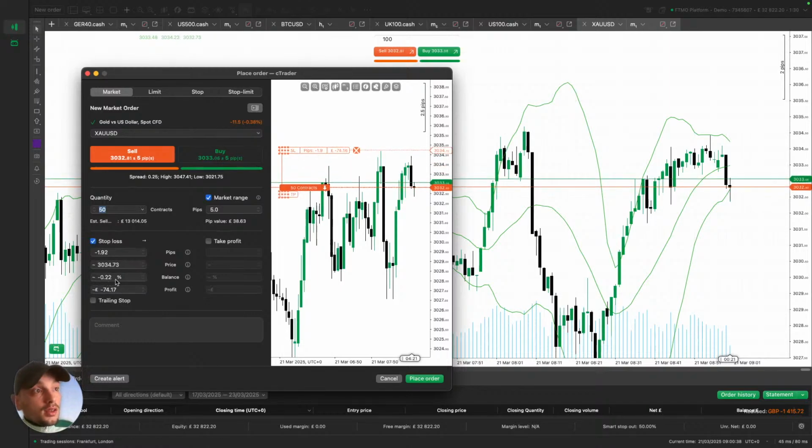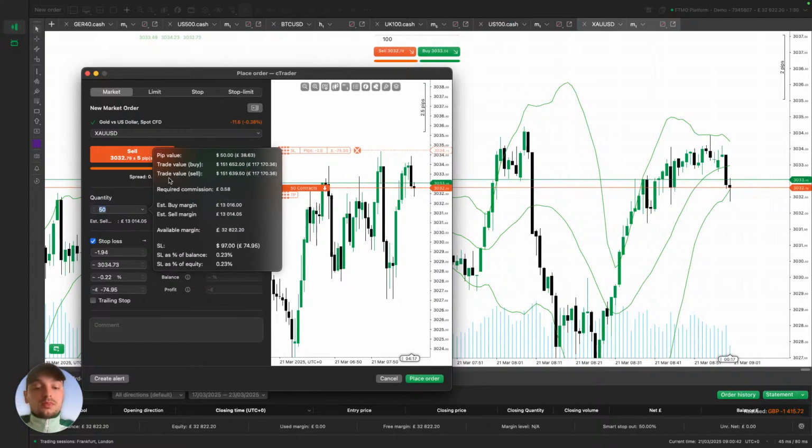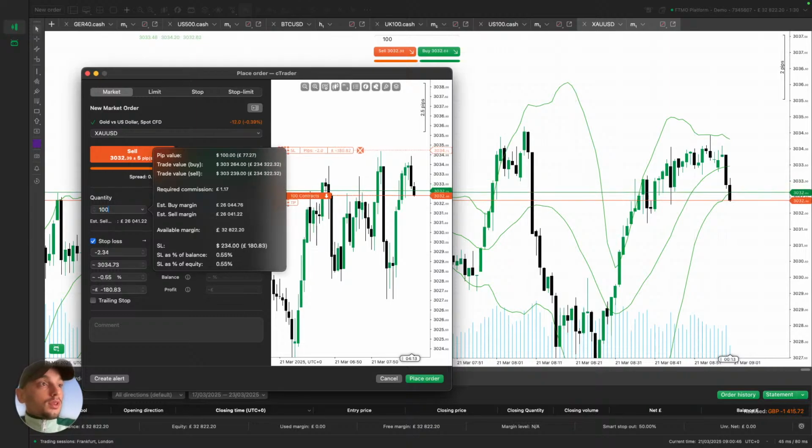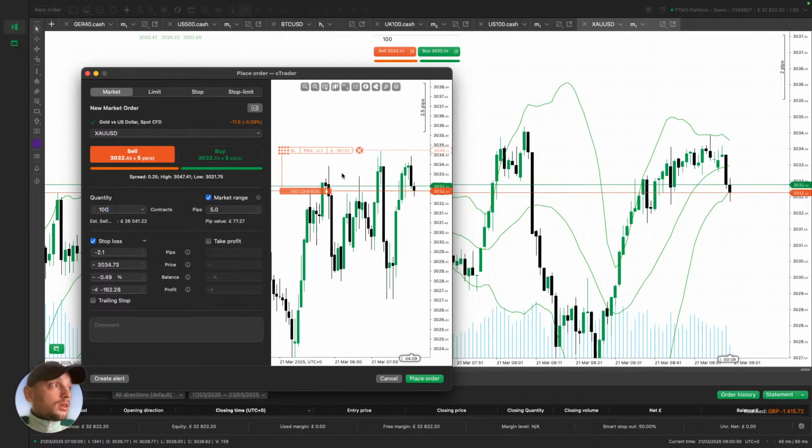And you see here the percentage of my account. So manually you need to put the lots to match your percentage. So for me, it will look something like this. You always need to have proper risk management.